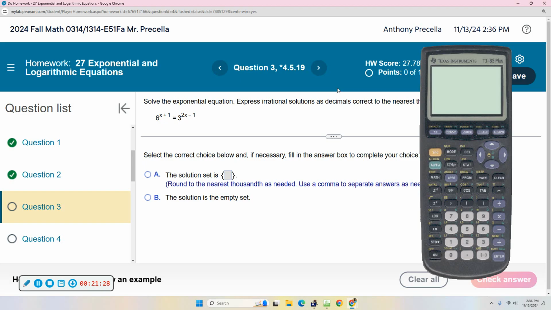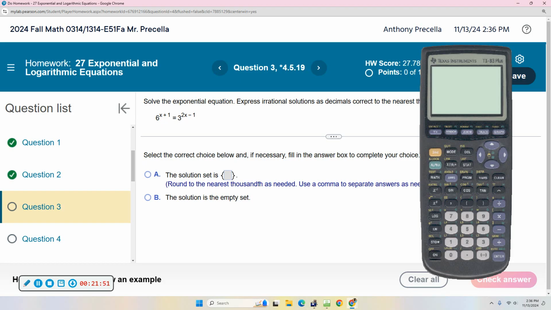Let's write the problem down. Number 3. 6 to the x plus 1 is equal to 3 to the 2x minus 1. And I want to make a note. They want it rounded to the nearest thousandth.